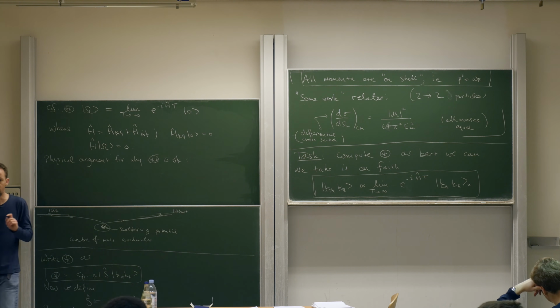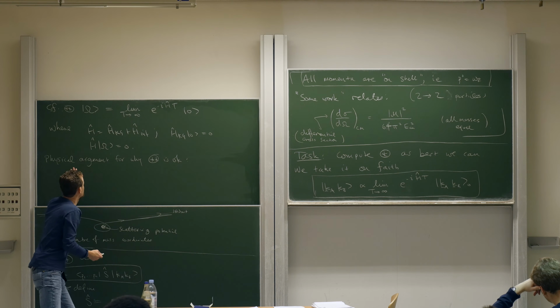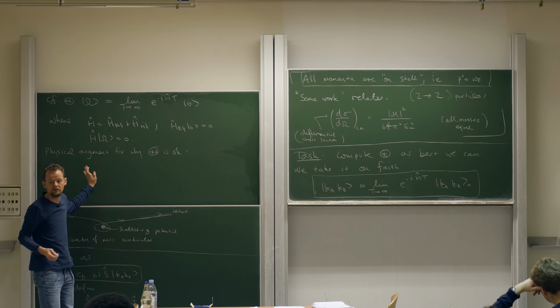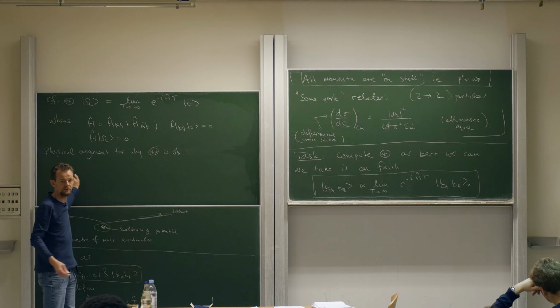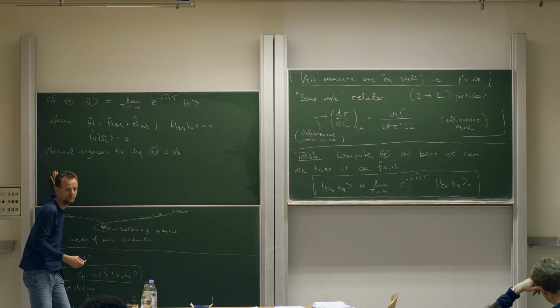So there's a physical argument. It's not a mathematical argument because we've got interactions that are unbounded, so we can't prove anything. But there's a physical argument for why star ought to be okay. And this physical argument comes from non-relativistic many particle quantum mechanics.